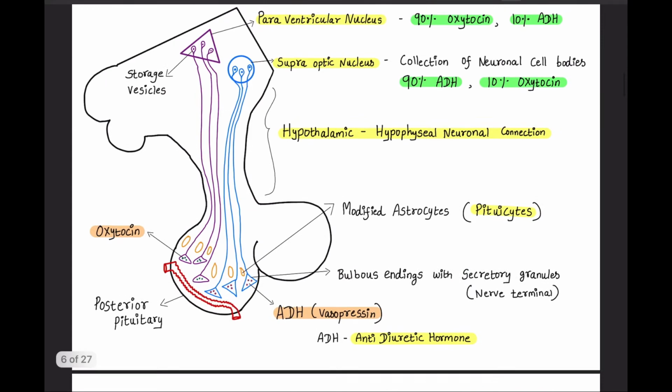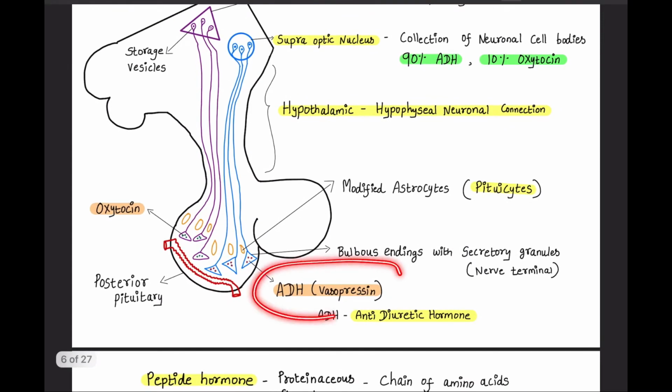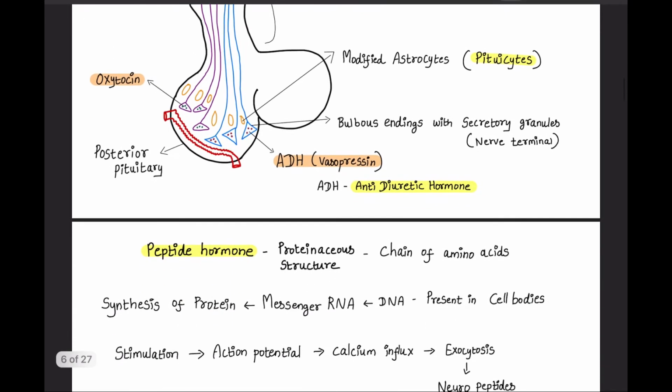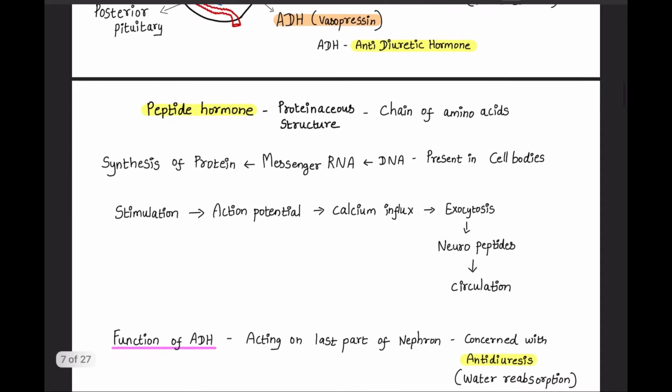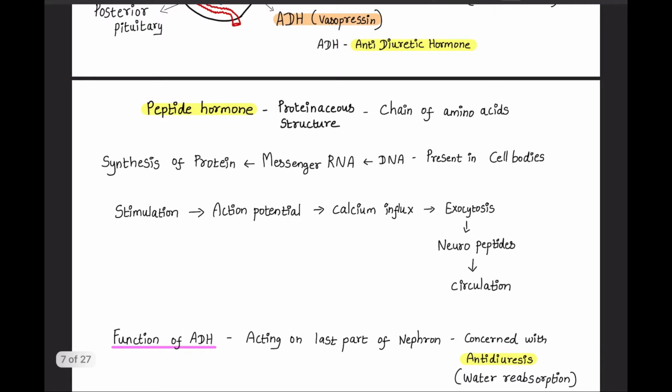And so this ADH hormone is a peptide hormone. So what do you mean by a peptide hormone? Peptide hormones have a proteinaceous structure. A protein is made up of amino acids, so proteinaceous structure basically means it is a chain of amino acids.